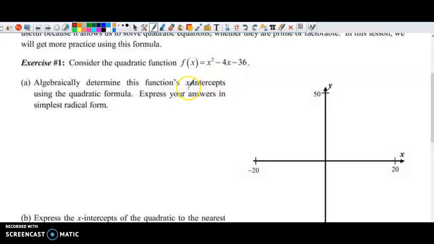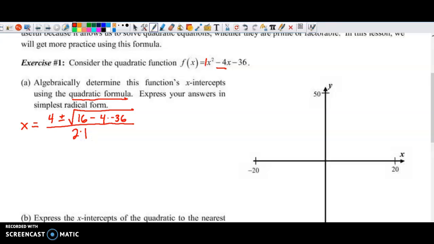As you recall, to find the x-intercepts using the quadratic formula, we use x equals negative b, so positive 4 because it's negating that, plus or minus the square root of b squared, so negative 4 squared is 16, minus 4 times a times c, so 4 times 1 times negative 36, all over 2a.